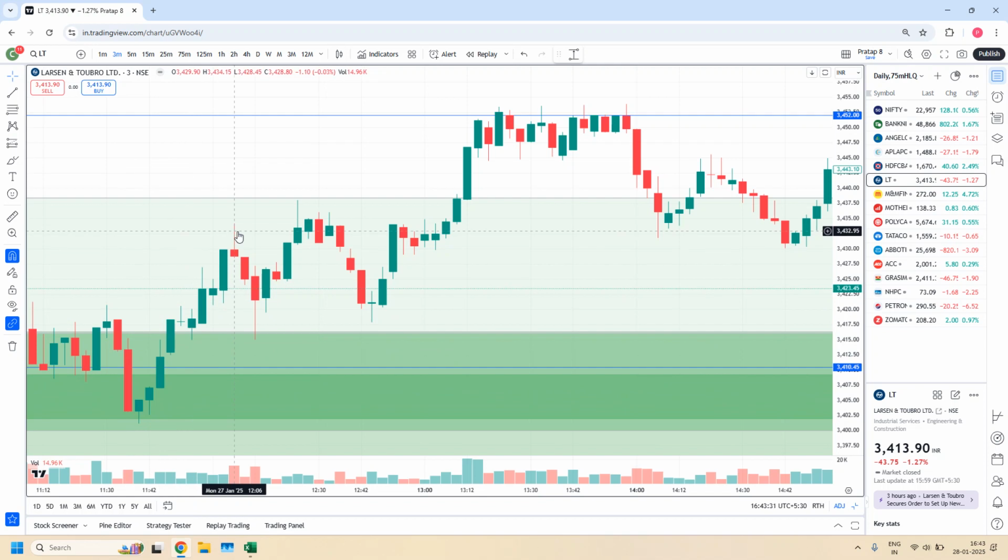That's it. You got the base. See how perfectly we have a rally candle, follow through candle. Excellent structure. We should not miss.